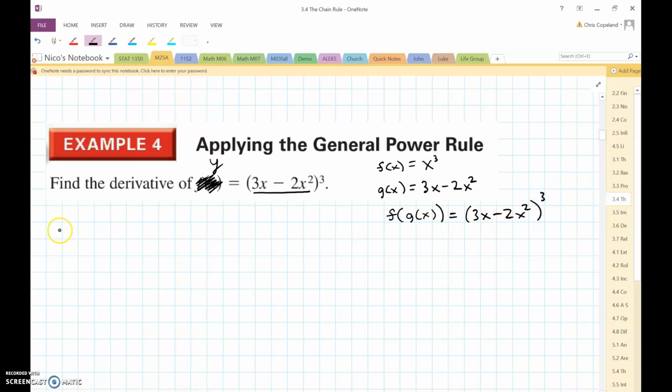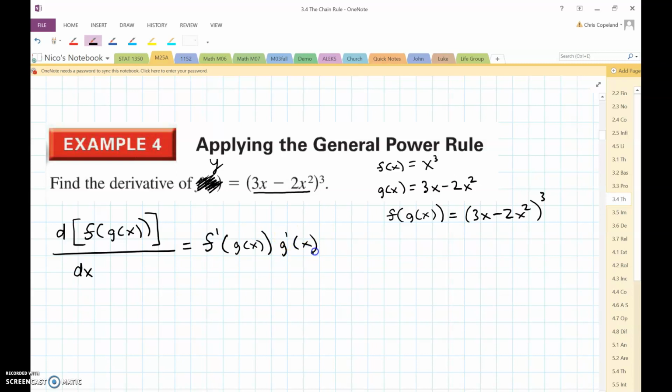So let's take the derivative of f of g of x with respect to x, where the rule states f prime of g of x times g prime of x.